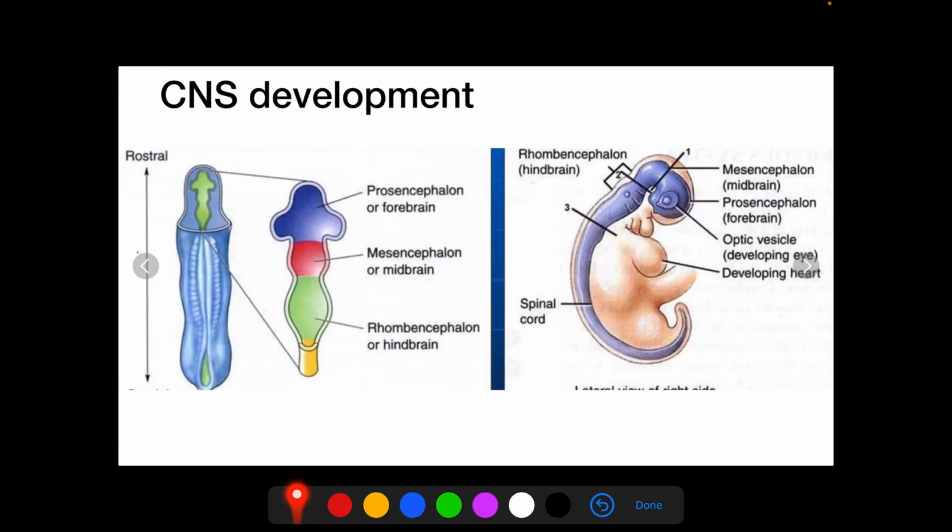Regarding the CNS, the central nervous system originates from the neural tube. That's the neural tube. The upper part of the neural tube will be the brain. The lower part will form the spinal cord.